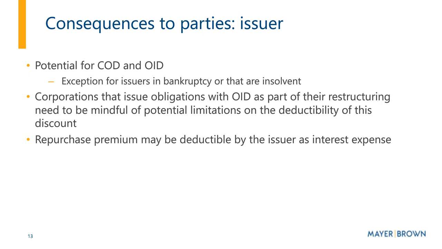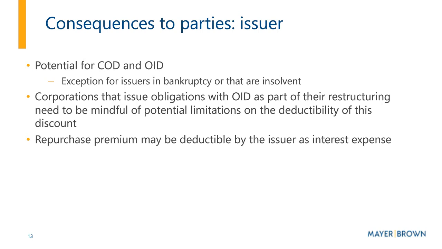Obviously, that is an unhelpful situation to be in, because typically the cash that was raised through the issuance of debt has been spent in whole or in part. And so having a restructuring that results in a modification for tax purposes that triggers COD income is not helpful, because that'll result in a tax liability.